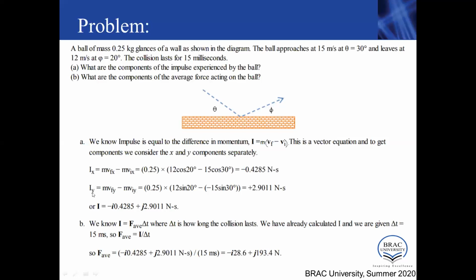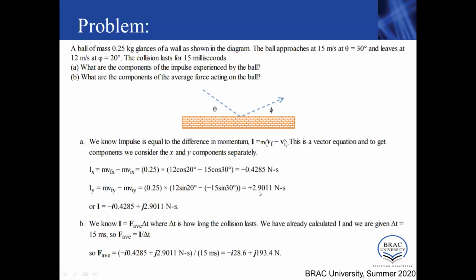And if you try to find the y component of the impulse, m vfy minus m viy is equal to 0.25 times 12 sin 20 degrees, which is the y component of the final velocity, minus 15 sin 30 degrees. Here 15 sin 30 degrees is the y component of the initial velocity.